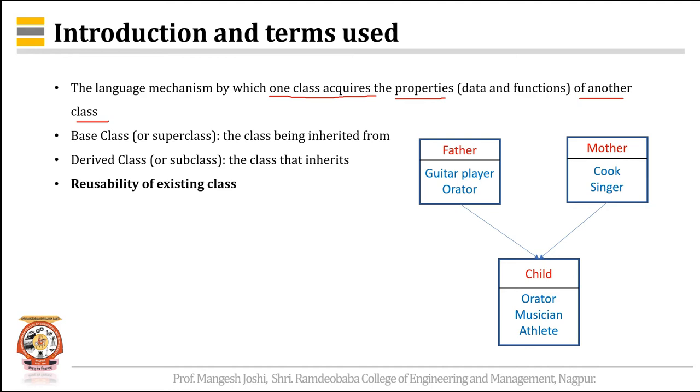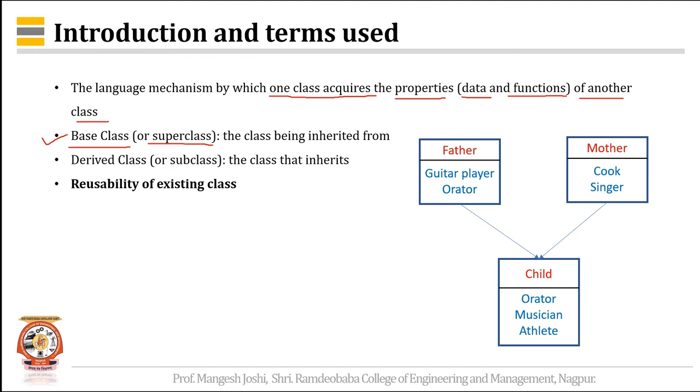These properties may include the data and the functions that are there inside the class. Now, a few terminologies are there. One is the base class or superclass. What is the base class? It is the class from which you want to acquire the properties.